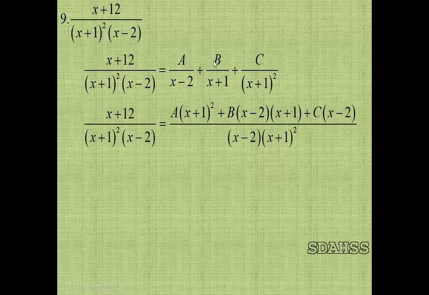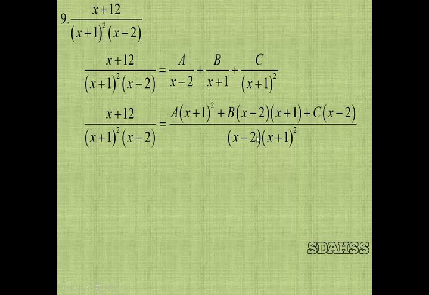Consider the second term b by x plus 1, again compare the denominator: x plus 1 against x minus 2 into x plus 1 whole square. Here x minus 2 and x plus 1 are missing, so you have to write those two terms, plus c. Now consider the third term, again compare the LCM. In the denominator x plus 1 whole square is there, but x minus 2 is missing, so you have to write c into x minus 2.